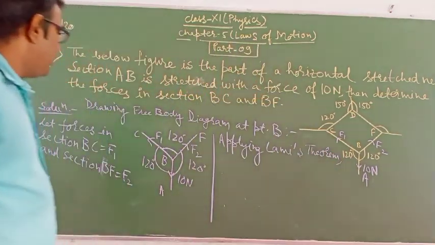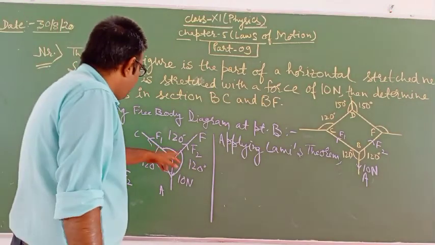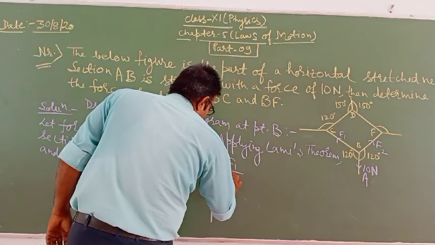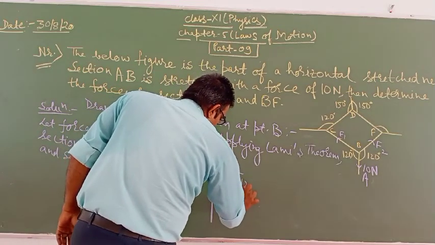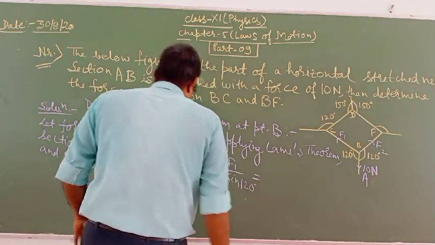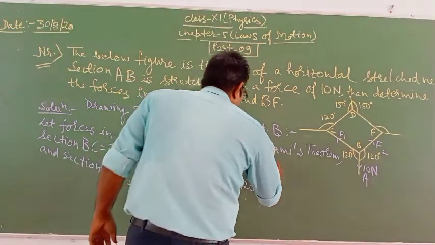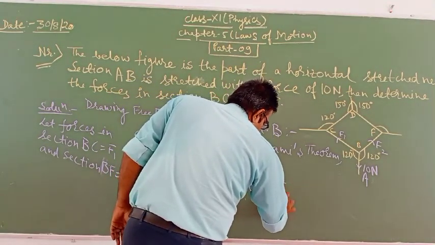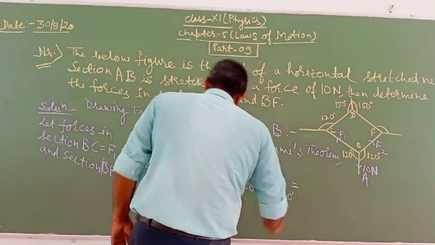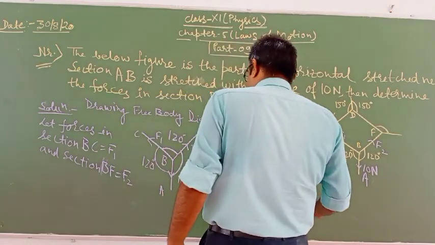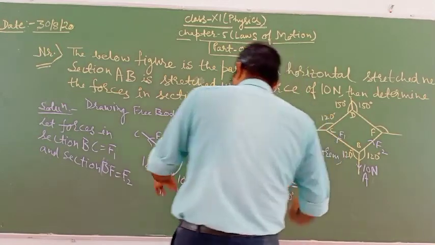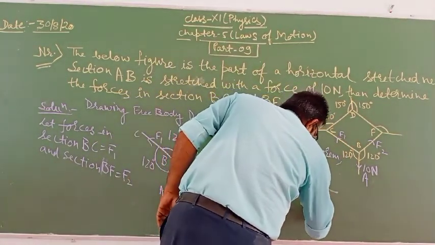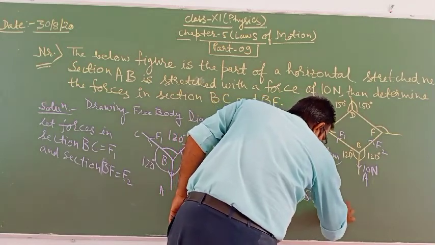So F1 upon sine 120 degrees is equal to F2 upon sine 120 degrees is equal to 10 Newton upon sine 120 degrees.